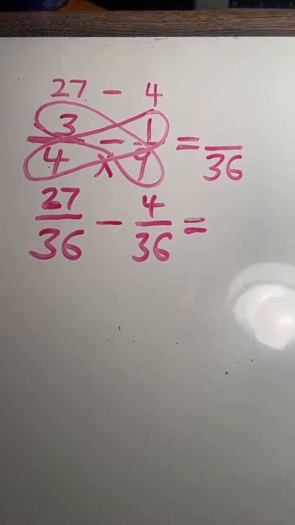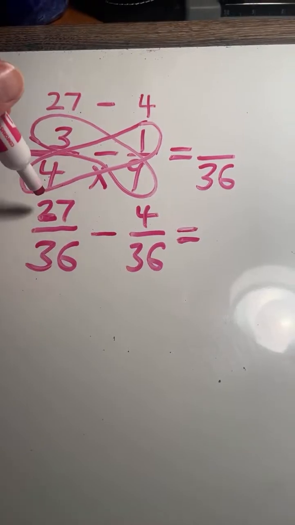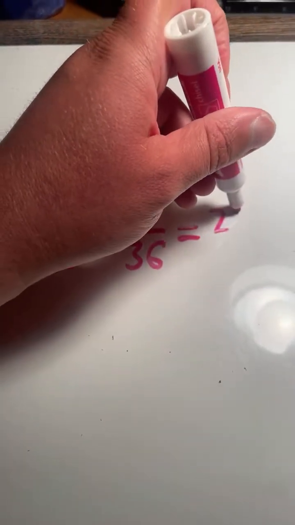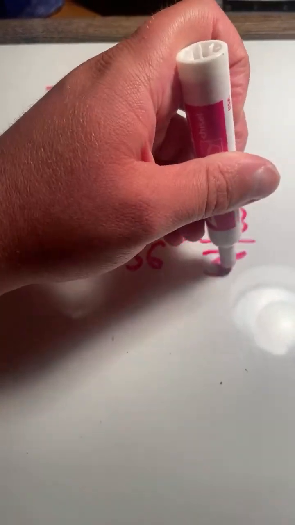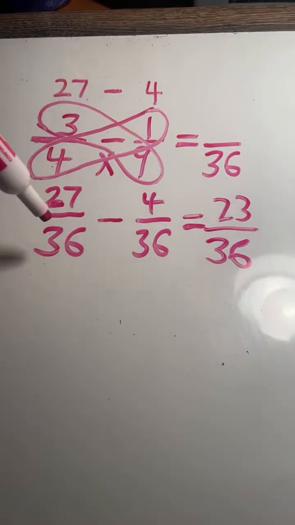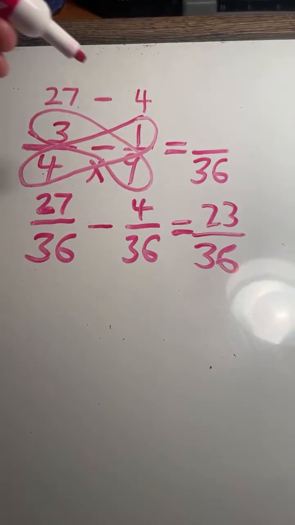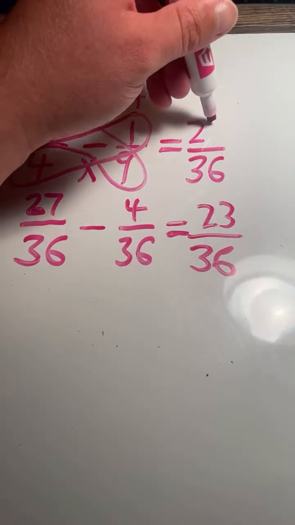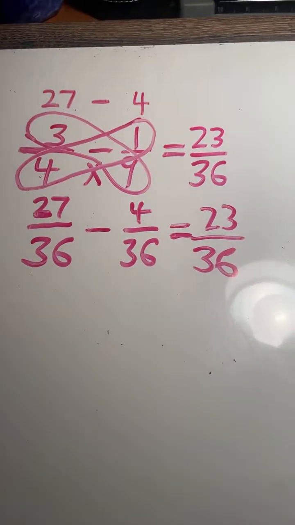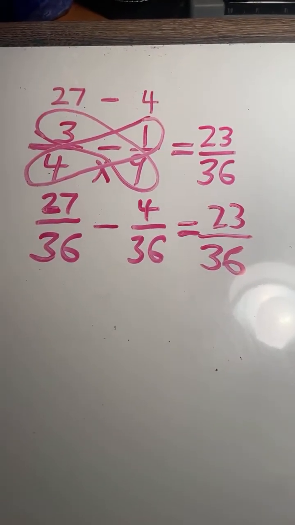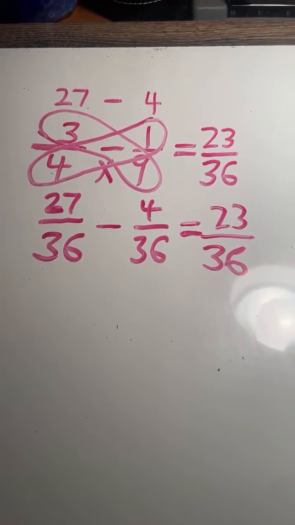All right, and now we got to subtract our numerators. 27 minus 4 equals 23. Because we now have a common denominator, that'll stay the same, and we have our answer. 3/4 minus 1/9 equals 23/36.